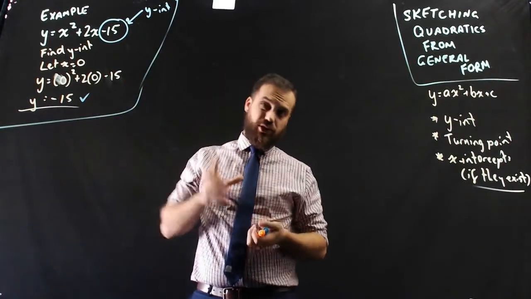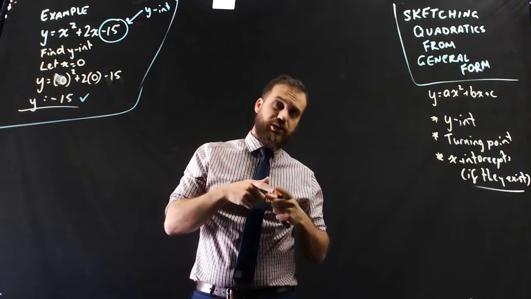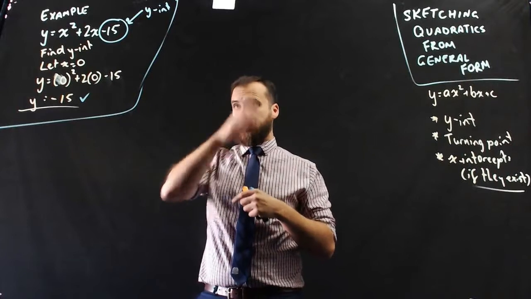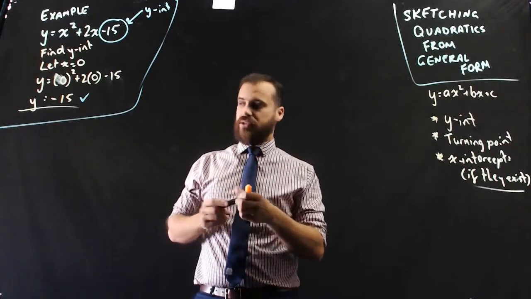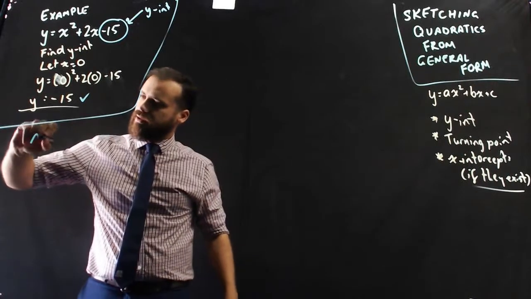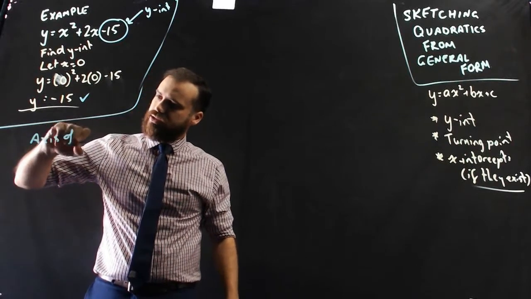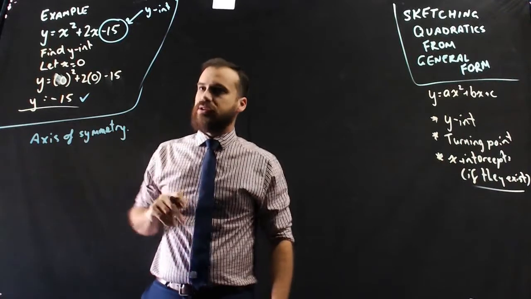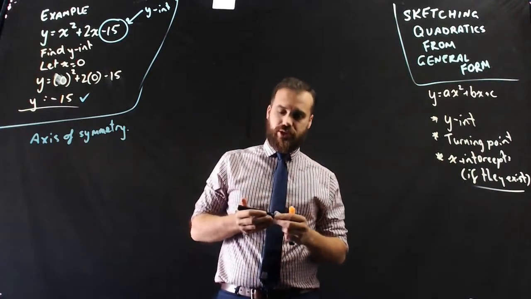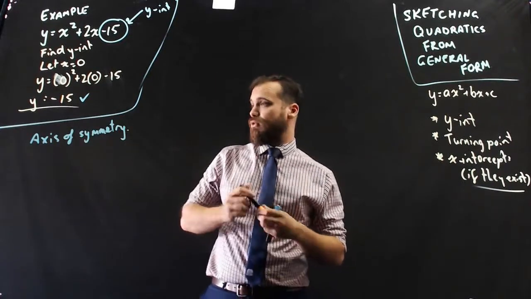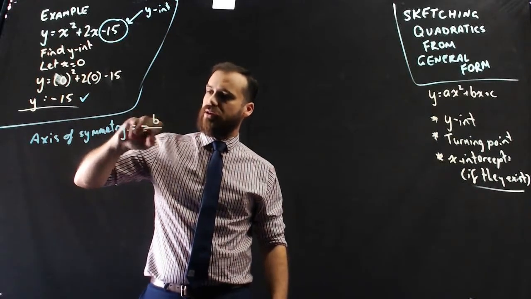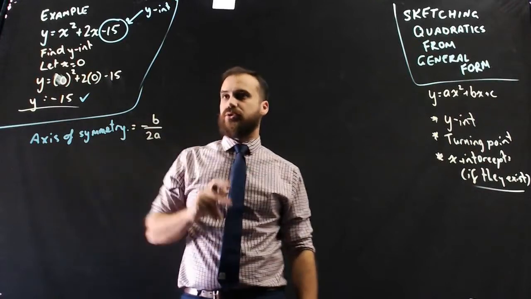Okay. That's sort of step 1, I suppose. Now, we need to find the turning point, but I'm going to do that in 2 stages. First, I'm going to find the axis of symmetry. The parabola is symmetrical, and then I'm going to find the turning point. So, axis of symmetry. To find the axis of symmetry, we can use a formula, and that formula is negative b over 2a.